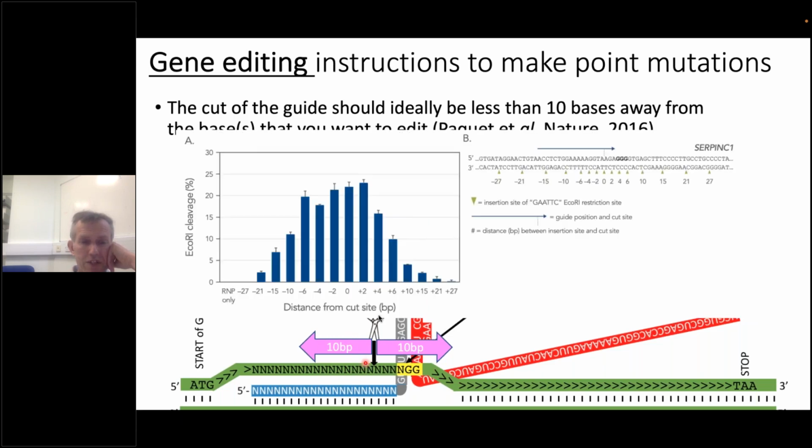I found this efficiency graph from the IDT website, I think, where they try to make mutations either at the cut site or further and further away from the guide cut site. You can see that if you're very close, it's sufficient, but if you go more than 10 base pairs away, the efficiency drops off very quickly.